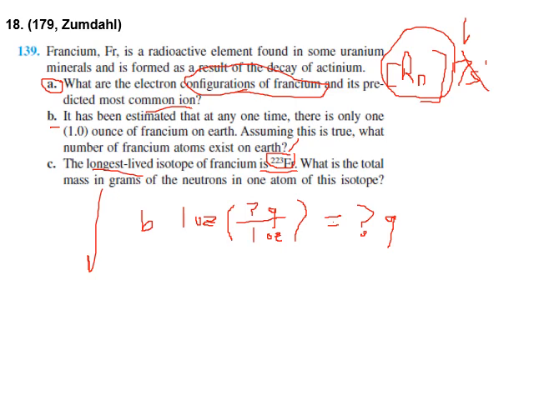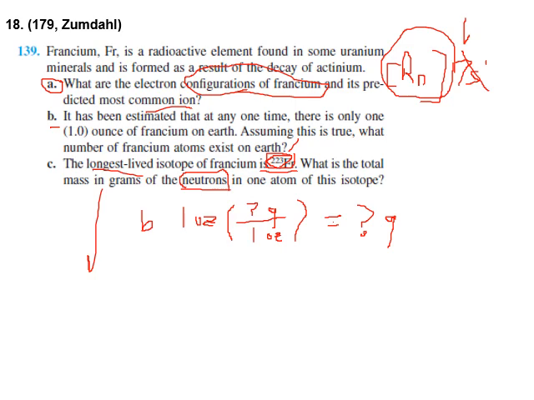So the way that you would get the number of neutrons in one atom of francium would be to subtract from 223. Now 223 is going to be the total number of nucleons in an atom of francium. So in other words, it's going to be the proton number plus the neutron number, but they're asking us to find something that has to do with neutrons, so we need to get the number of neutrons.